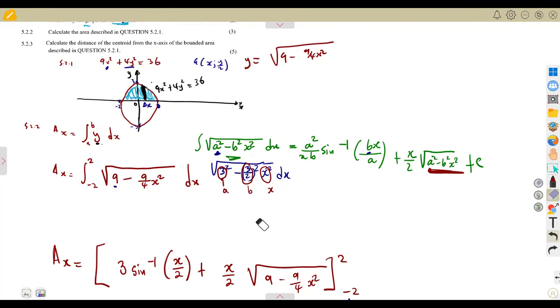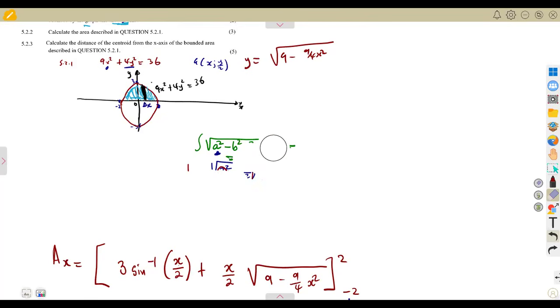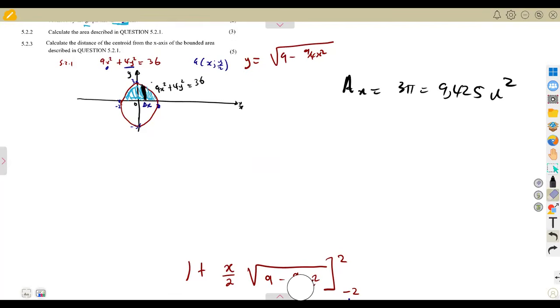Okay, so I'm just going to remove some of these other things here that are not necessary for now. So we got our area with respect to x, and that was 3 pi, which gave us 9.425 square units. All right, so that was our area there.